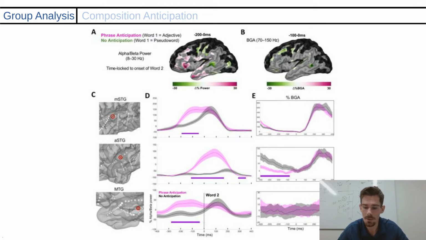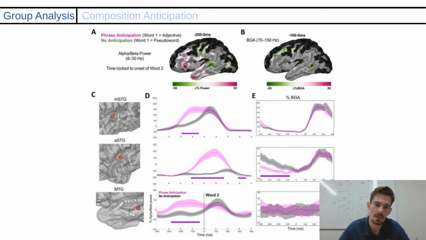But the question for us is, how does the brain organize neural representations to construct a noun phrase regardless of what the noun is? The patients know they're going to hear a noun phrase, something like red boat or blue car or brown bag. Sometimes it doesn't really matter what the actual nominal is. They know that they're going to generate some kind of two-word structure.